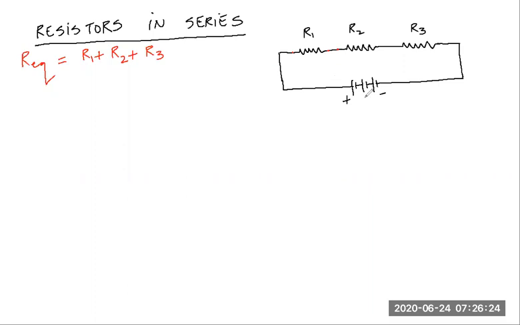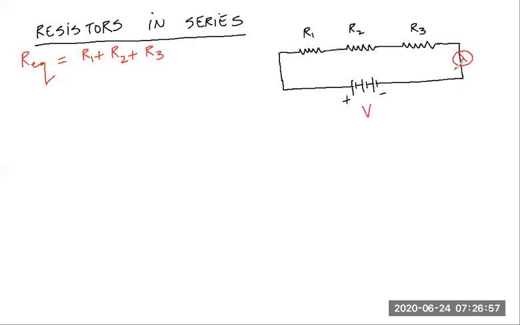Now, let's say the voltage of the battery connected is V. If you want to find out the current at this point or at this point, obviously you will have to attach an ammeter here, which not only detects but also tells the measurement of current in milliampere or in ampere.